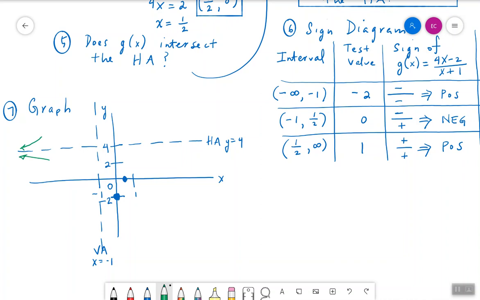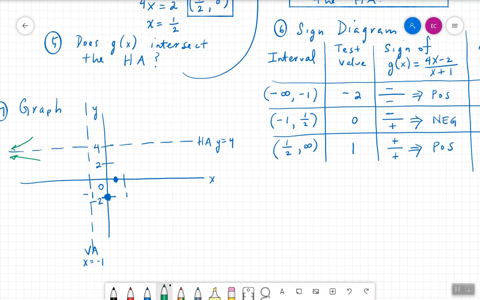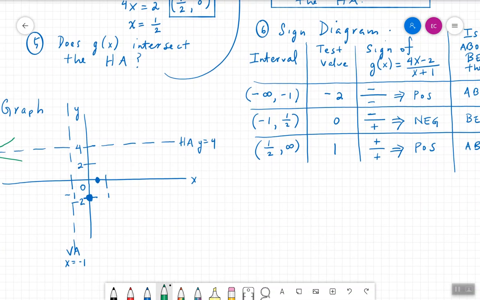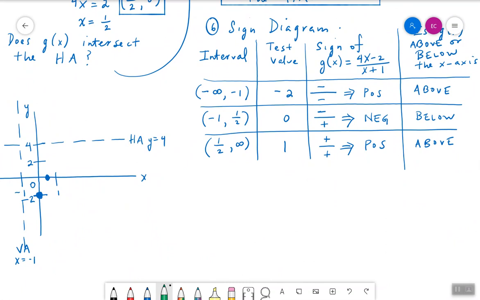Which is it? Usually when I ask this question in class, students get the answer right for the wrong reason. So is the graph above or below the horizontal asymptote? They say above, and the reason is because they're looking at the sign diagram that says above.